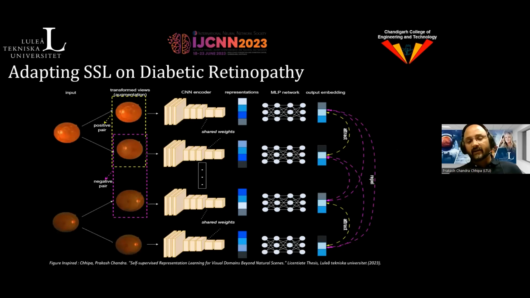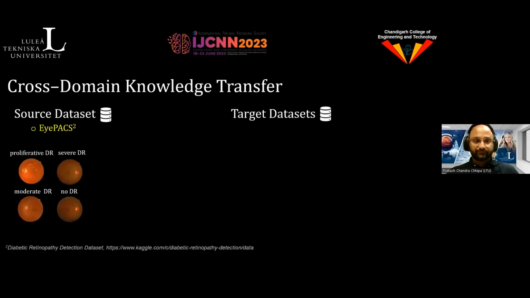In this way, it is able to learn the underlying visual concepts and discriminative features within the retinopathy images, and it is believed that once it has learned those features, we could utilize the learned features and representation in several downstream tasks for knowledge transfer to the target data sets.